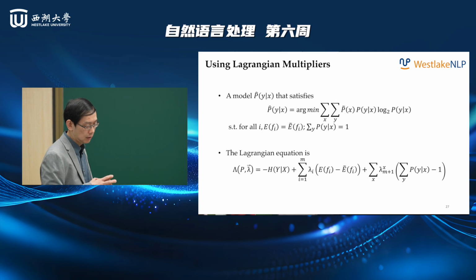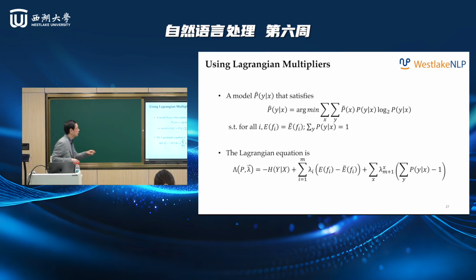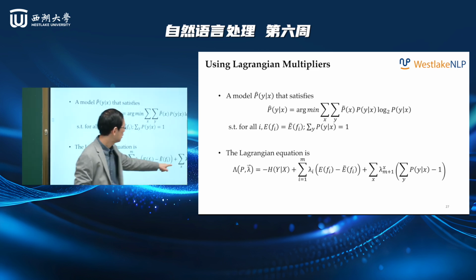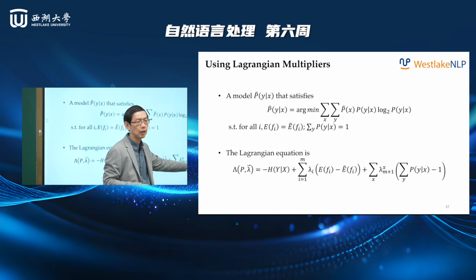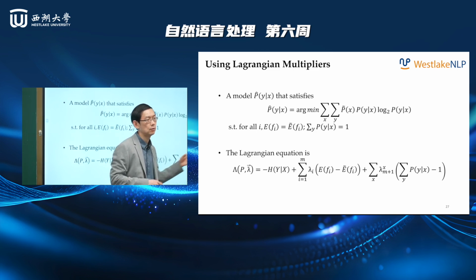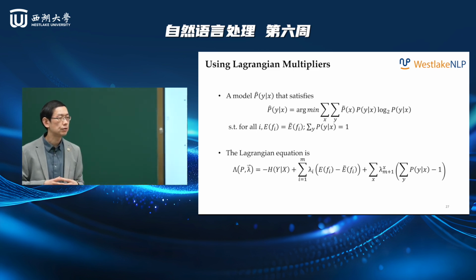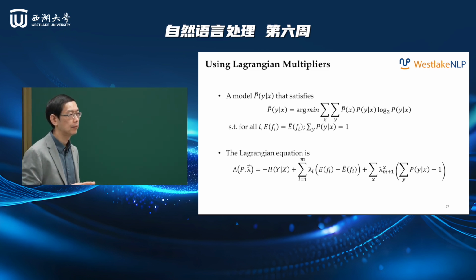The first equation is the maximum entropy objective under the constraints. The last equation is the Lagrangian equation, where the first constraint is denoted in this: for every feature, model expectation minus empirical expectation is 0. The second constraint is that for every input in the data set, the sum of the output probability is 1. 2 constraints and 1 entropy.